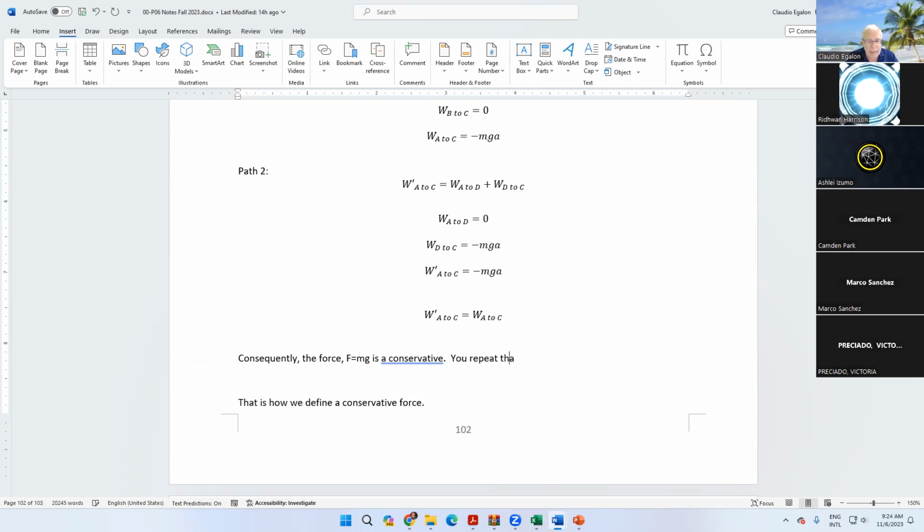You repeat that for the law of universal gravitation, and the elastic force, and you get the same thing.